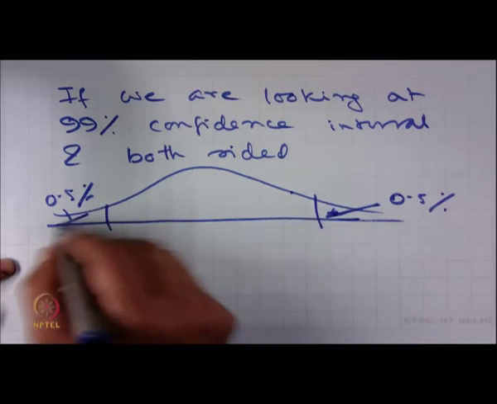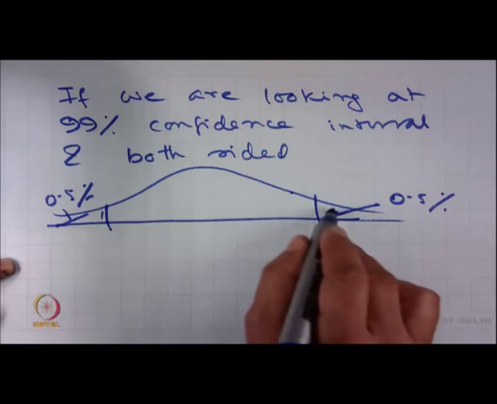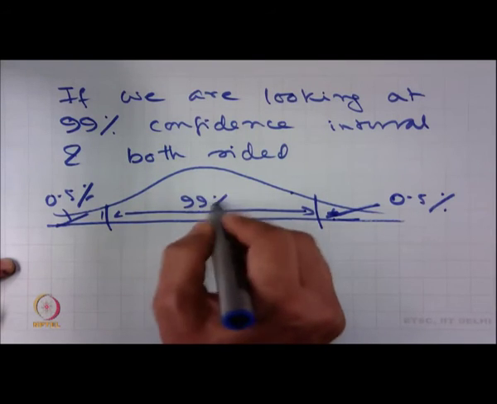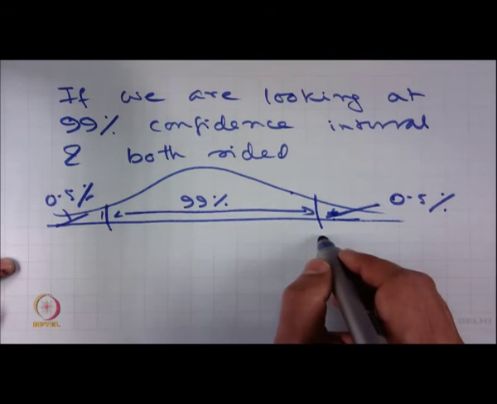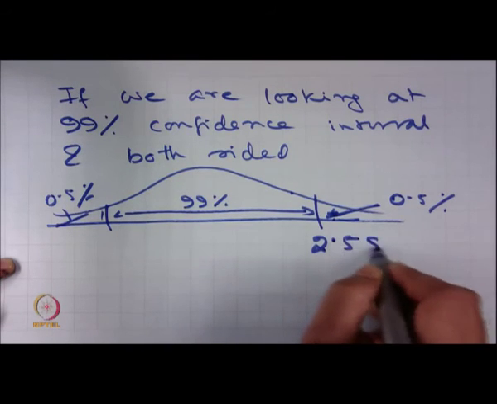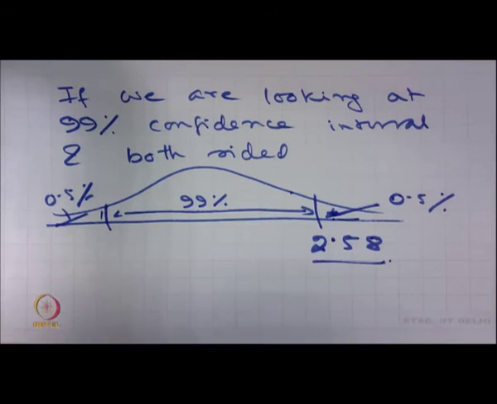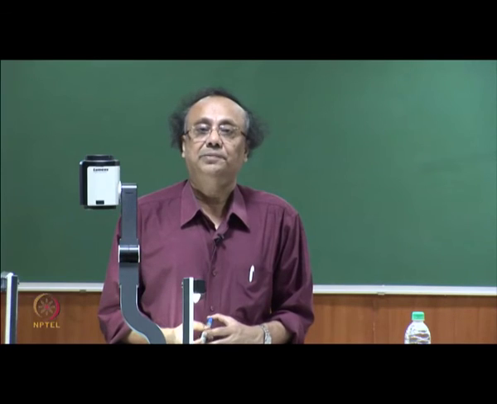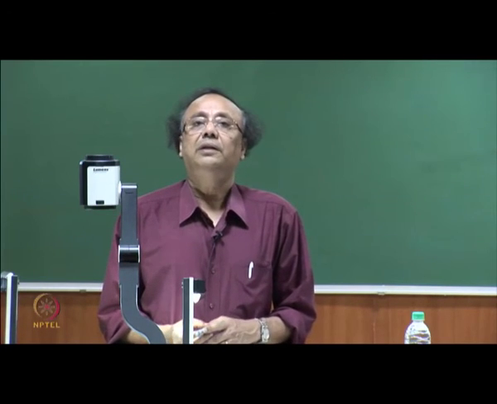That means only 1% are beyond this range, therefore this is 99%. Then for standard normal, this value is 2.58. You should remember these values for solving problems with respect to interval estimation.